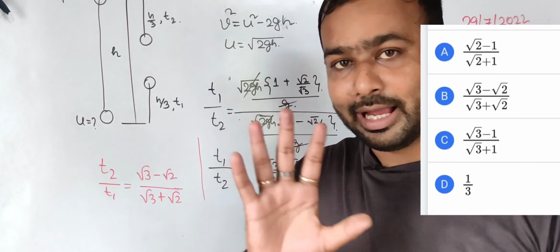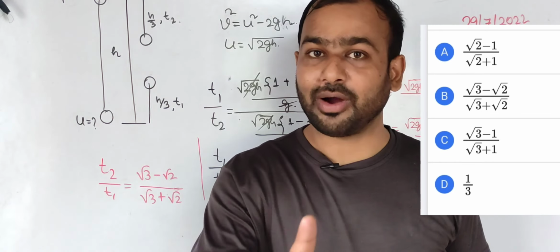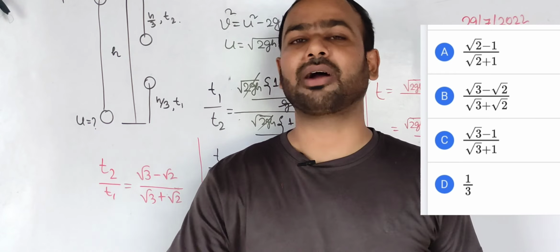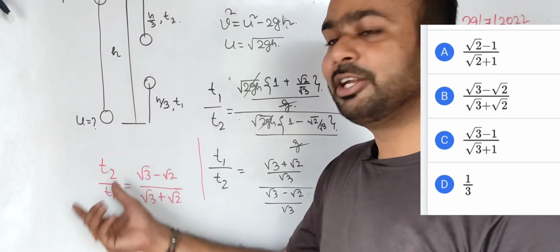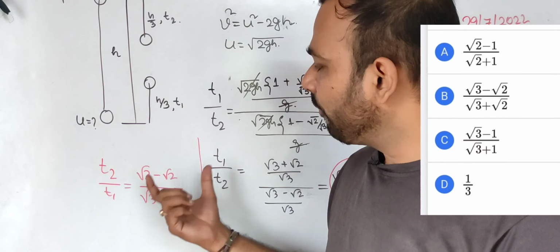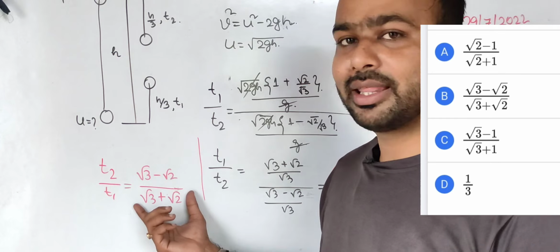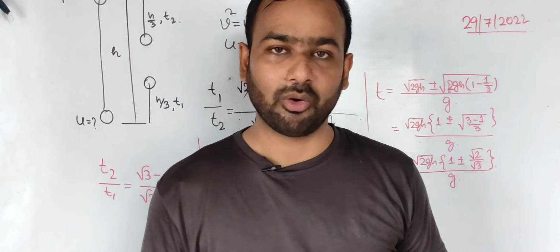If we think very minutely, they do not ask us to find the ratio t1 is to t2 or t2 is to t1. They simply asked to find the ratio. It can be t1 by t2 or t2 by t1. We find t2 by t1 is the appropriate one and it matches with option B. Moving on to the next question.